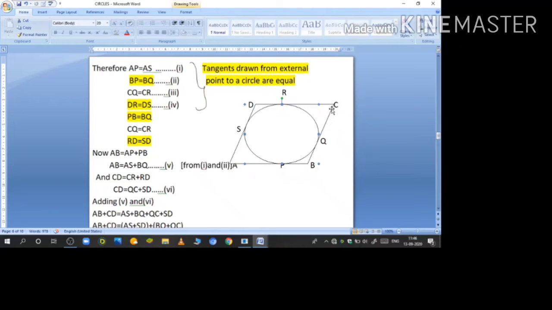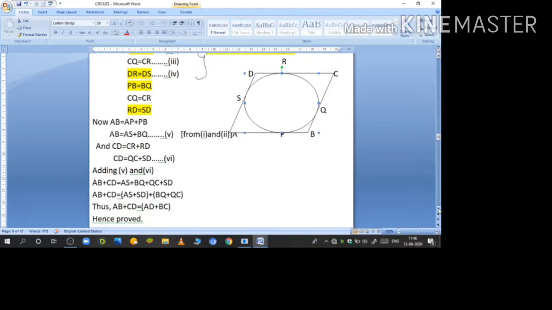You can see AP and AS are the tangents to the circle from the external point A. So instead of AP you can take it as AS plus, instead of PB it can also be written as BQ, since PB and BQ are the tangents drawn to the circle from an external point B.